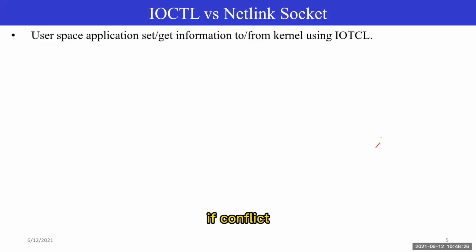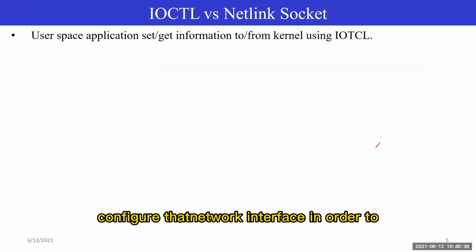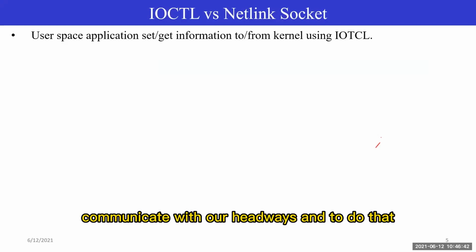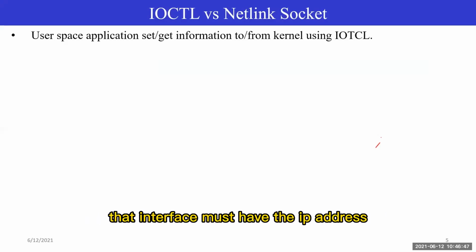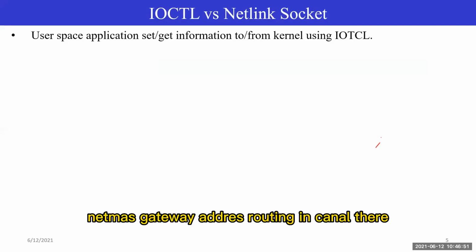For example, ifconfig. Say you have one interface in your machine, say if0, and you definitely need to configure that network interface in order to communicate with the outside world. To do that, that interface must have an IP address, netmask, gateway address, routing entry, and all that.